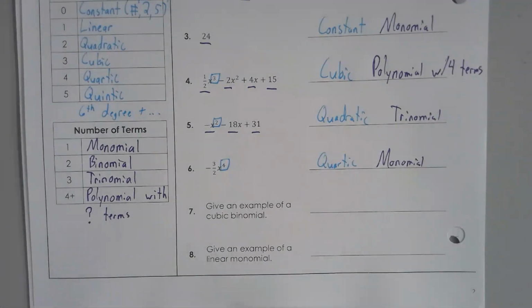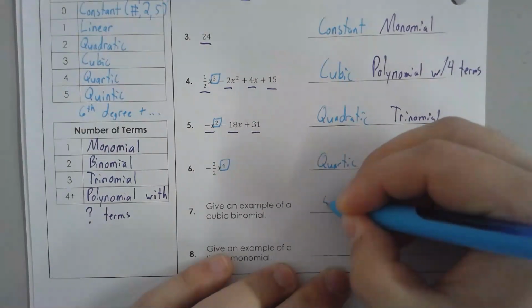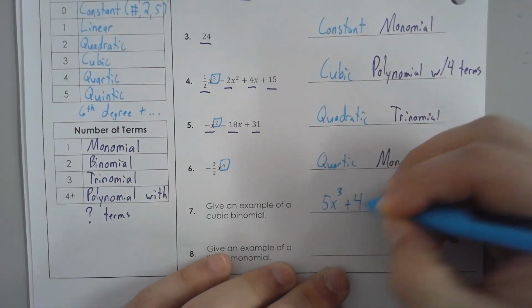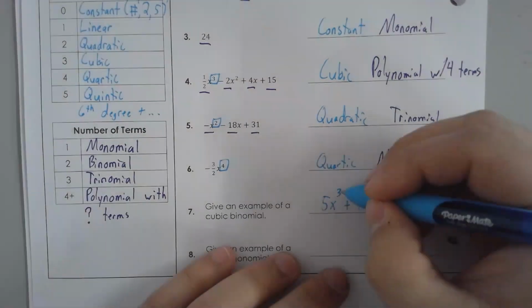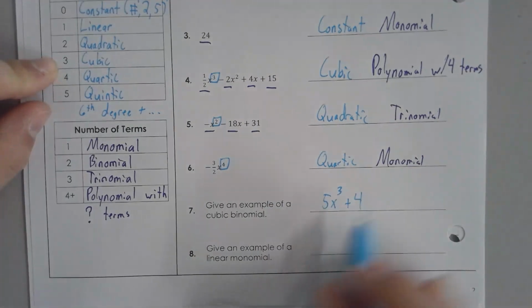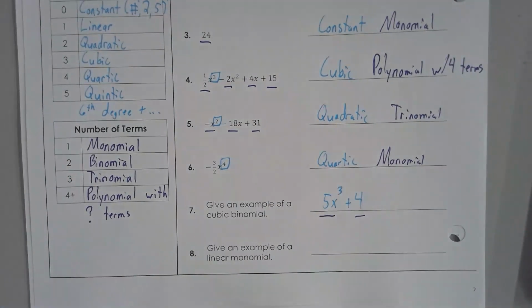Good. Does anybody want to volunteer for number 7? 5x to the third plus 4. So your highest exponent is a 3. That gives us cubic. And you've got 1, 2 terms, so binomial.